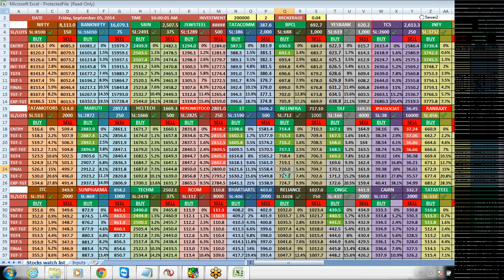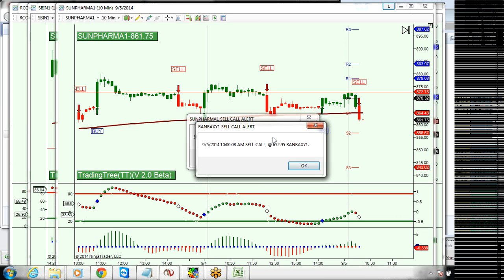There's a buy call KO1. So ONGC, we have a buy call. I just showed you that. There is a sell call in FUNPHARMA1. There is a sell call in RAMPAXE1. So I was just telling you about Sun Pharma and Ranbaxy.